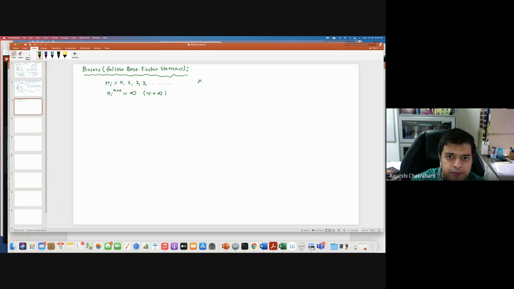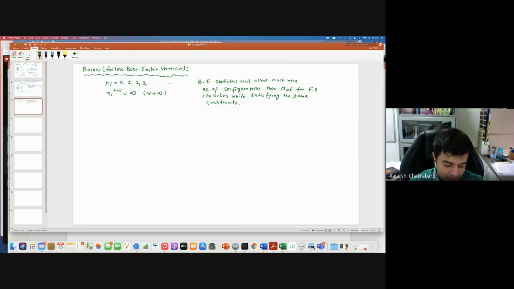So I would expect that BE statistics, which I will derive, will allow much larger number of configurations than that for FD, while satisfying the same constraints. Clear?